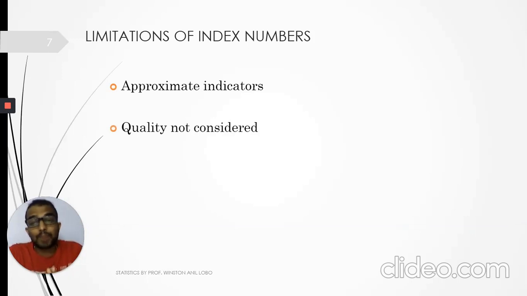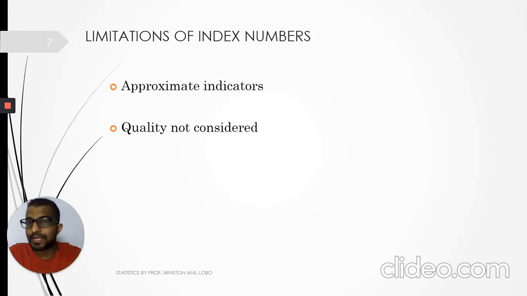And the biggest problem is that quality is not considered. Students, understand this. 10 years back, an expensive mobile phone might have cost 30,000. Now the same brand's mobile phone today might cost you 1 lakh rupees. And you might say, oh my god, the prices of mobile phones in the past 10 years have increased by 70,000. Yes, it has increased, but is the quality considered?